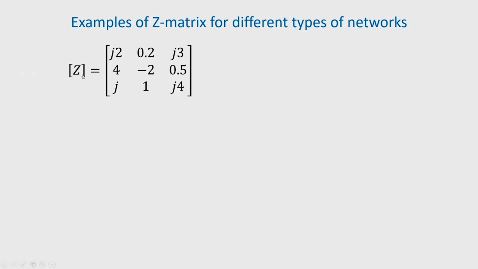For example, if you take this network, here we find that it is neither lossless nor reciprocal, because it has entries which are real and it is not symmetric. So, this Z matrix is neither lossless nor reciprocal.